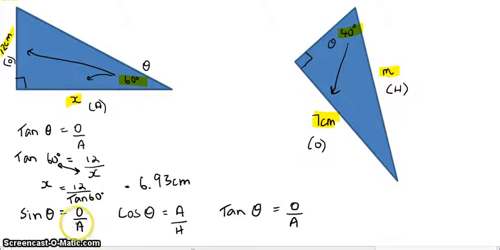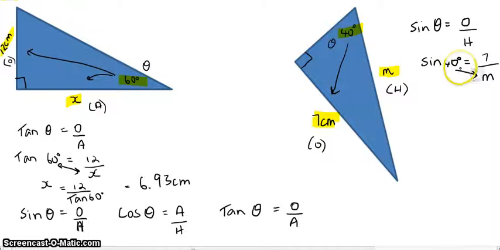That's our sine, which is opposite over, that should be an h, shouldn't it? Opposite over hypotenuse. Okay, so we're using our sine theta, which is our opposite over hypotenuse. Our theta is 40 degrees, and our opposite is 7, and our hypotenuse is the pronumeral m.